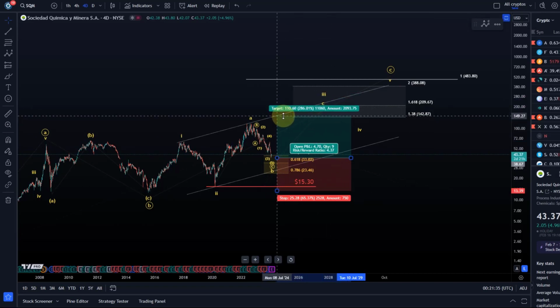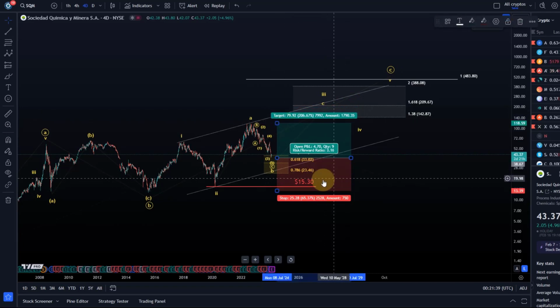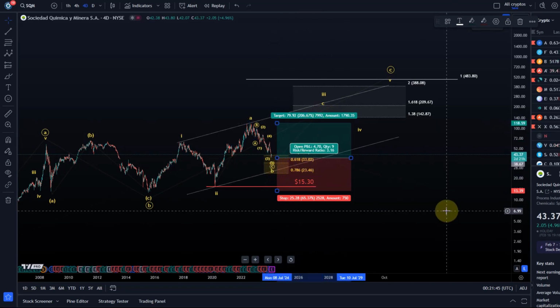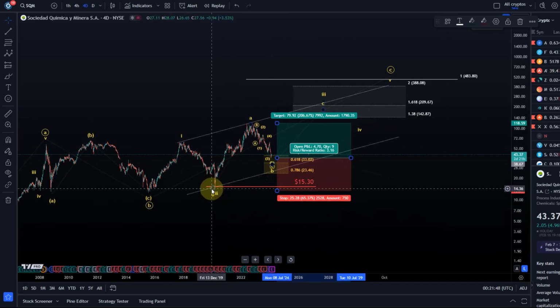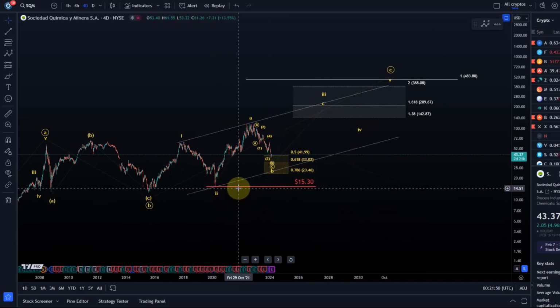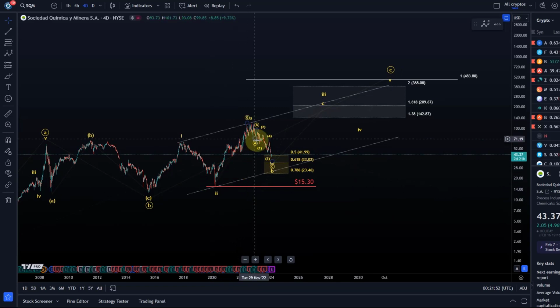Normally everything with a reward to risk ratio of 3 plus is considered decent. So even if you assume it only goes up to around $120, it would still be a decent reward to risk ratio if the stop was set below $15.30.